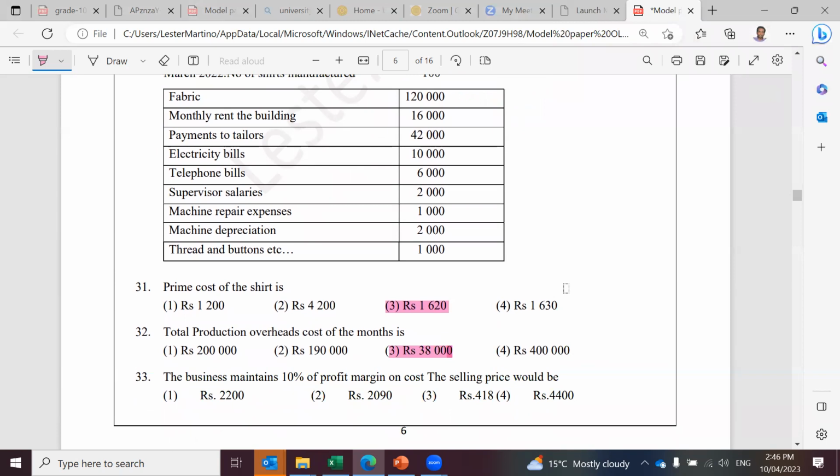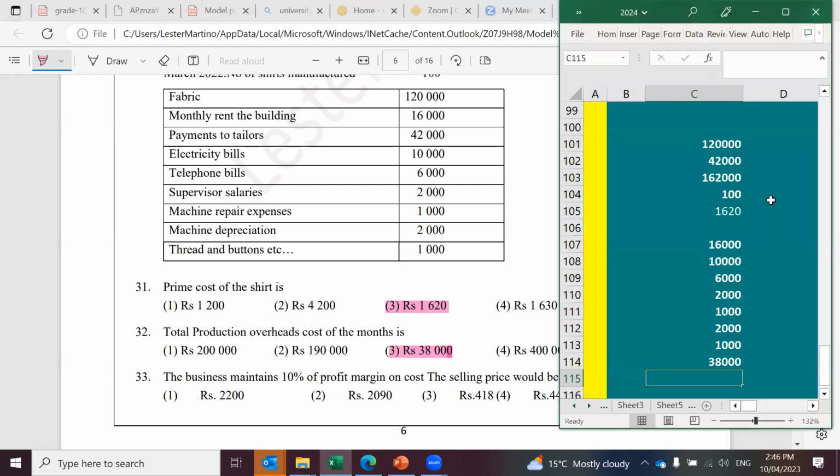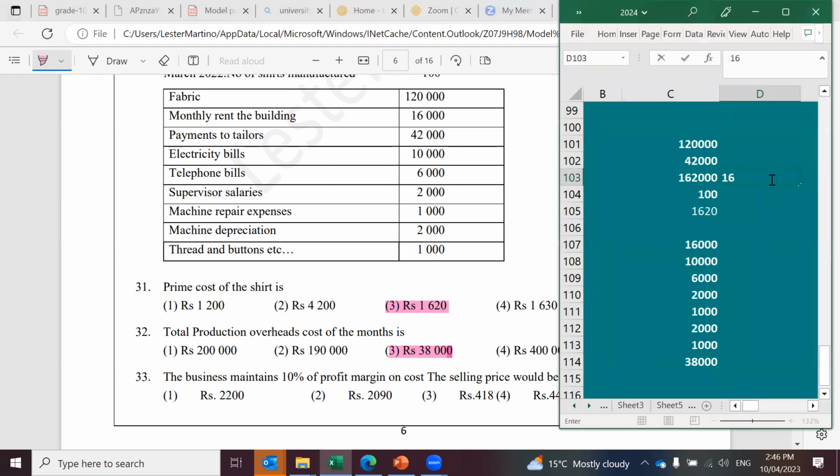Okay. So the production cost comprised of two elements, prime cost and the overhead cost, direct cost and indirect cost. Together is the total production cost. So what's the total production cost? Here you get 162,000, here you get 38,000. So take the total.